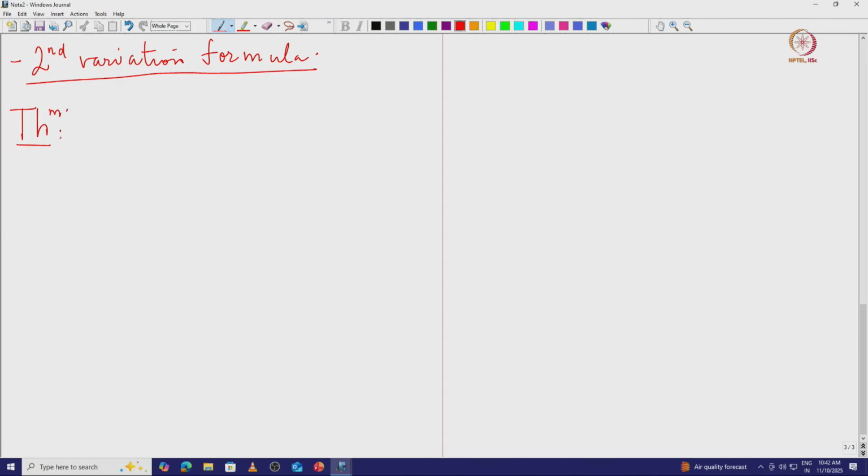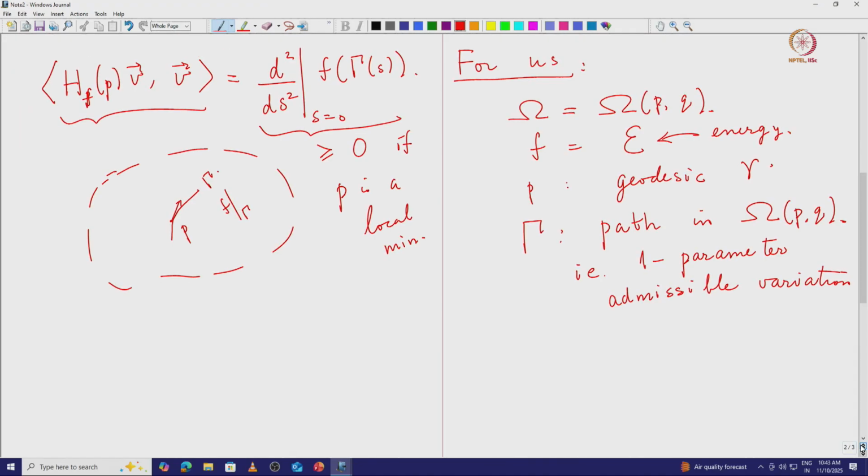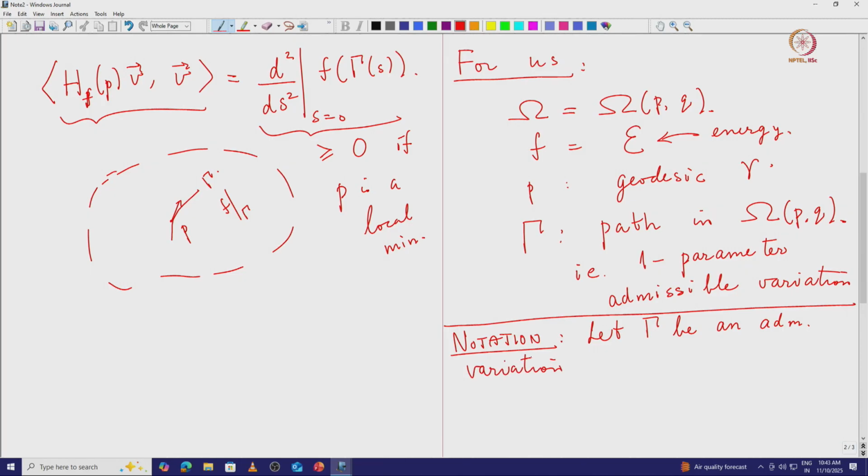Here is the theorem. Before I state the theorem, let me remind you of some notation. Let capital Gamma be an admissible variation. Then I set, as before, little gamma s of t to be Gamma of s comma t.